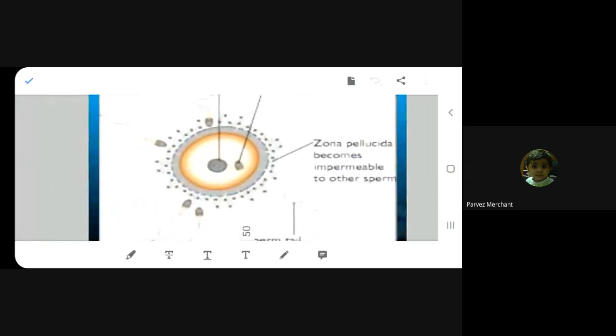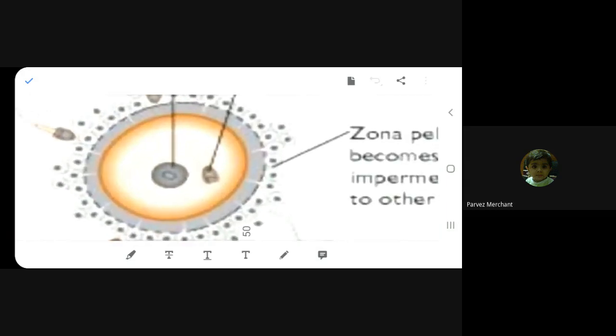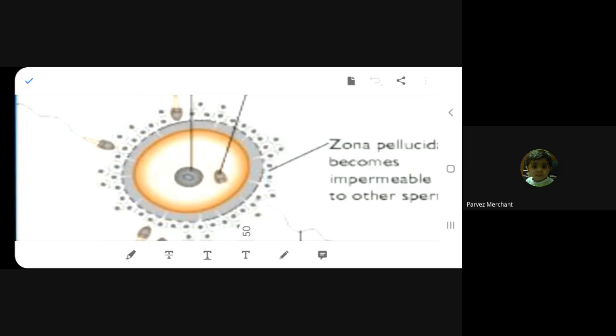But this is the egg cell. This is the egg cell, remember. The fertilization is taking place. It is not fertilized. But in a zygote, see over here.